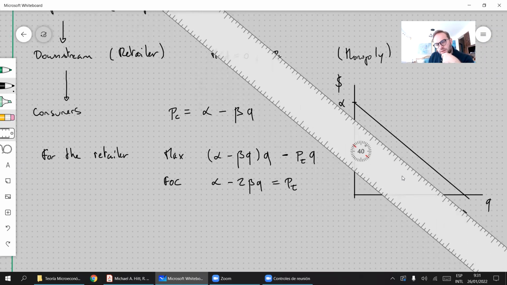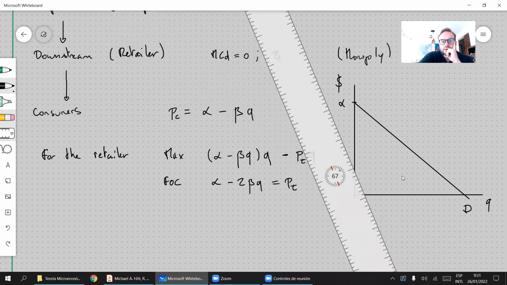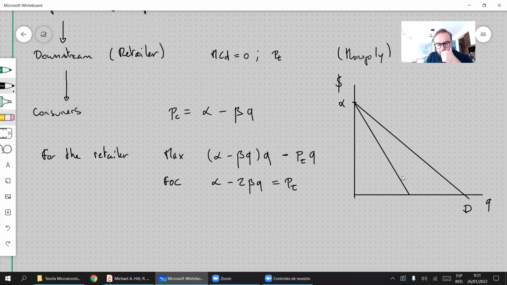This is the demand of the final consumers. And then with half the slope, what I have is the demand of the retailer. Right, so this is the demand of the retailer, and it's just half of it.